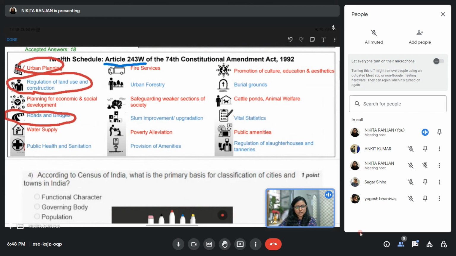All of these take part in how these functions are delivered and managed in cities. It's not just the urban local governance body which takes care of it, but other governance bodies, belonging to the central government, the parastatals, the state government, and even other organizations like the UN. They also come in and help the local governance body in undertaking these tasks.